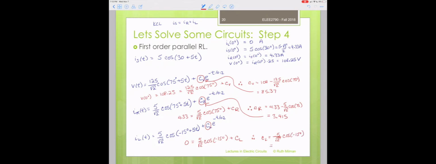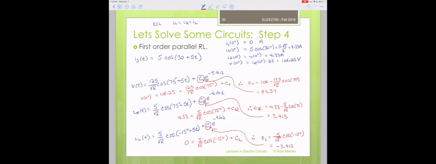And when you do that arithmetic, because of the different phase shift and the different numbers, this is simply equal to minus 3.415. Take that number, plug it into here, and off and away we go. We've got everything that we were expecting to get.